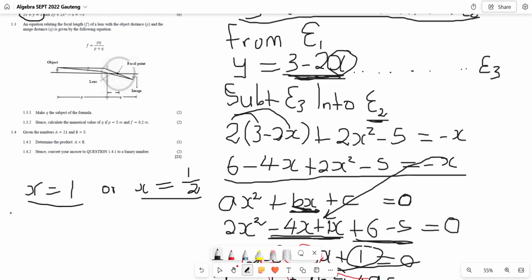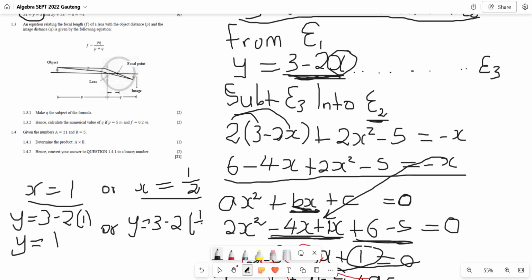Then we are going to say y is equal to 3 minus 2. The first value of x that we have there is 1. Then it means y will be equal to positive 1. Or y is equal to 3 minus 2 into 1 over 2.